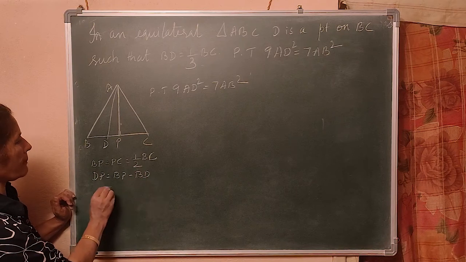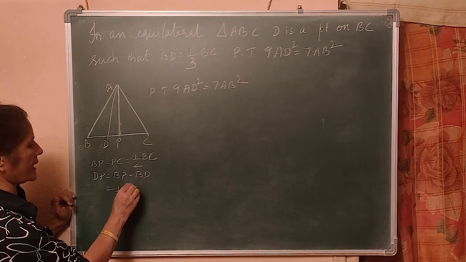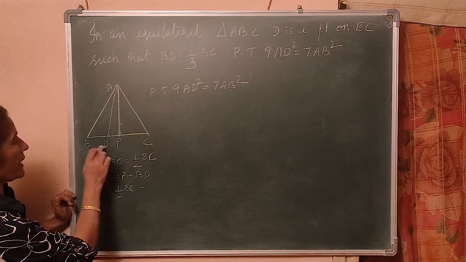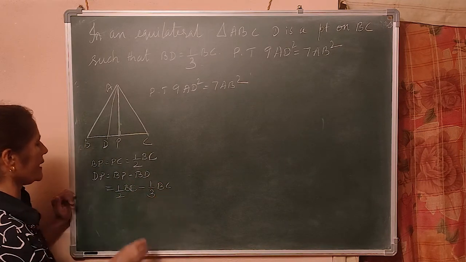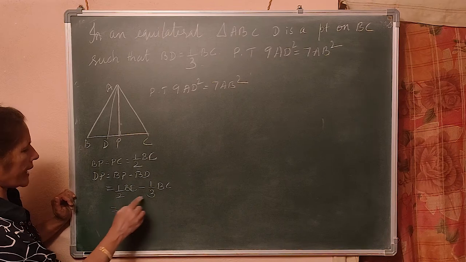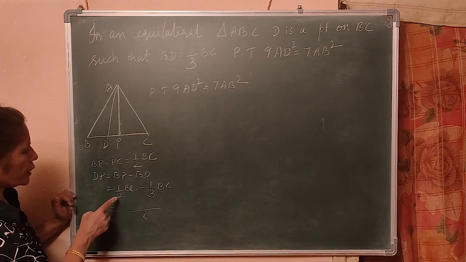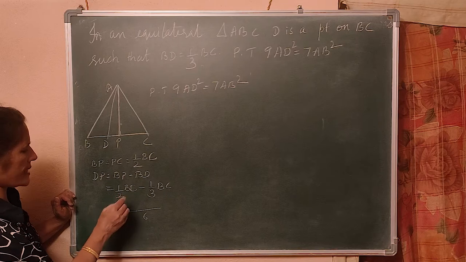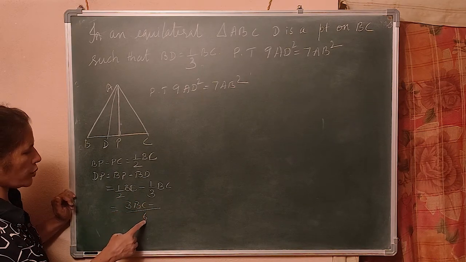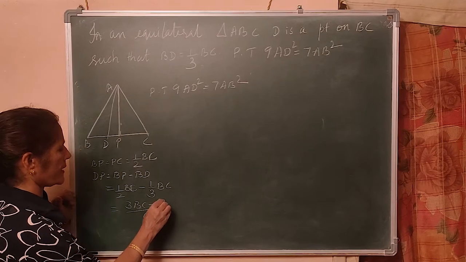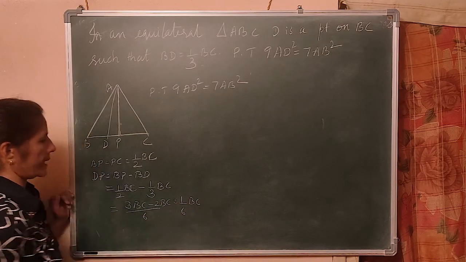Half of BC minus 1/3 of BC. Take the common denominator: 3 BC minus 2 BC over 6. So I can say 1 by 6 BC.